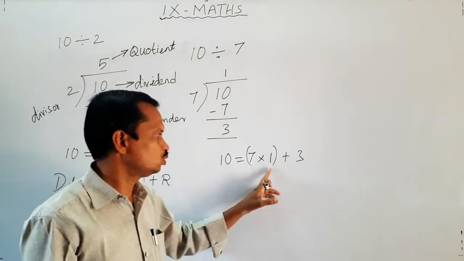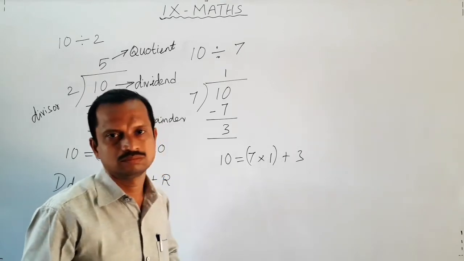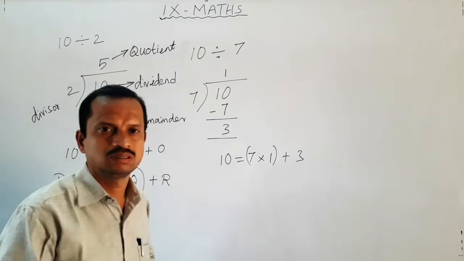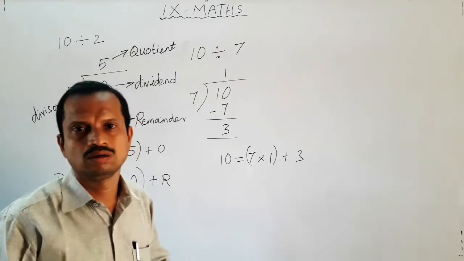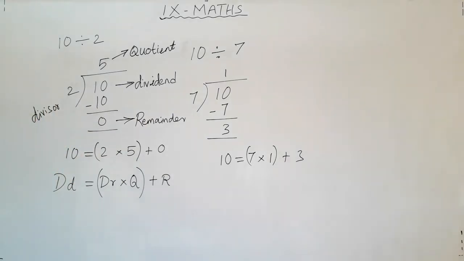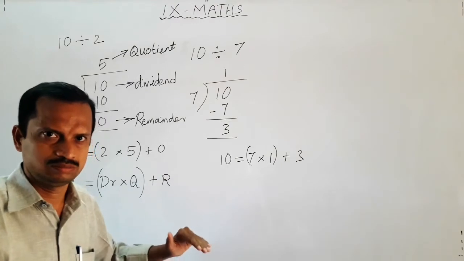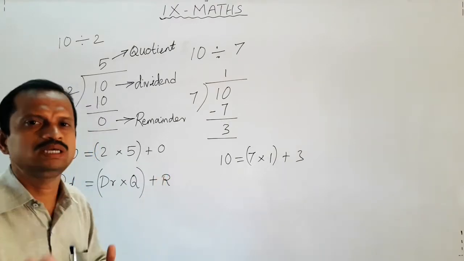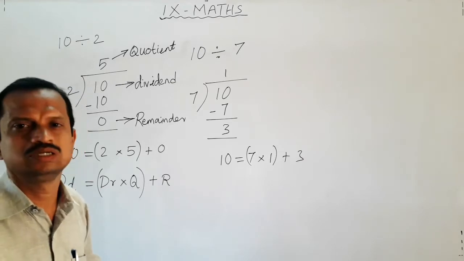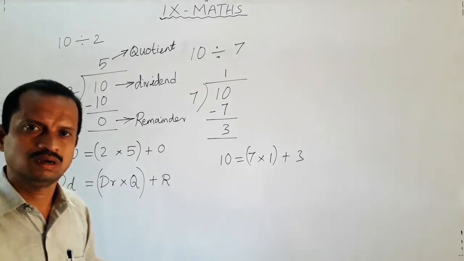So divisor into quotient, 7 into 1, 7, and then plus the remainder 3, you get 10. We are going to do like this in polynomials. Okay, this is numbers. This is just for your information, recalling the prior knowledge before getting into the polynomial division by another polynomial.